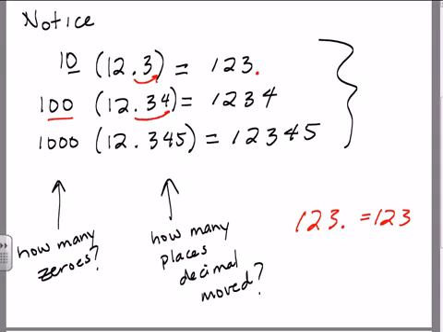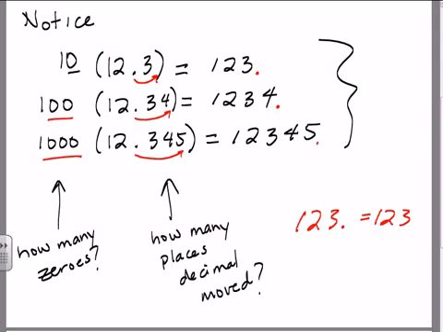Multiplying by 100 moves the decimal over 2 places. If you have 3 zeros, the effect is moving that decimal over 3 places. So the shortcut is to notice how many places you want to move the decimal, and that's what you're going to move the decimal for everybody.